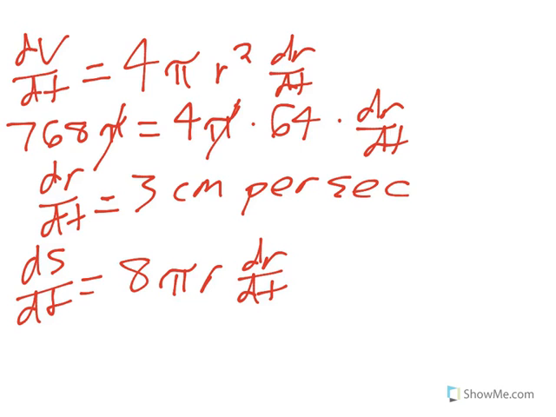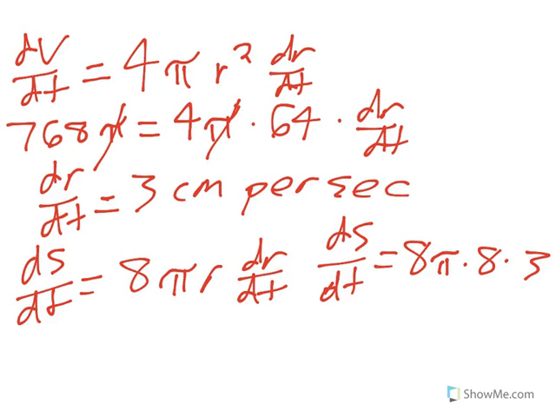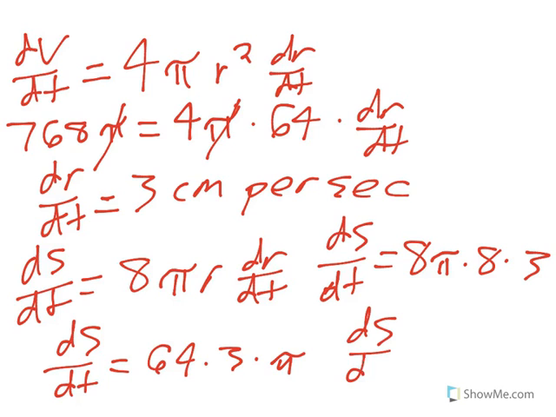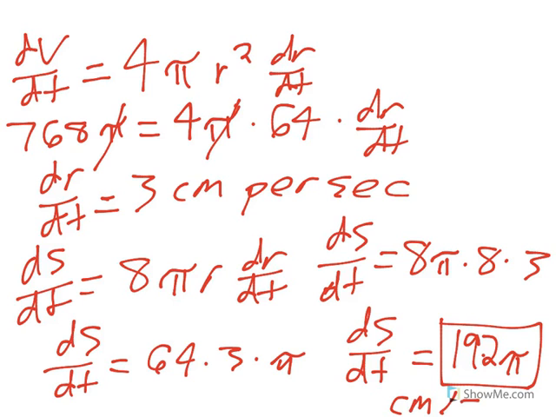So dS/dt equals 8 pi times 8 times 3. So dS/dt equals 64 times 3 times pi. So dS/dt equals 192 pi. And that's our answer right there. And remember, it's a rate, so centimeters squared per second.